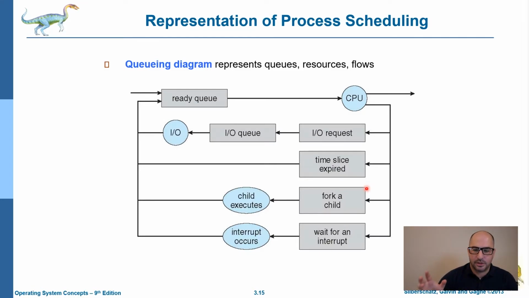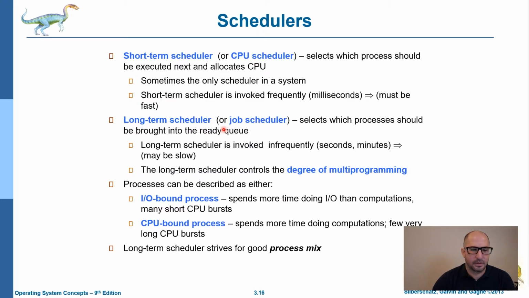If the process forks a child and waits for that child to execute, then that might cause us to be placed in a waiting state until we can go back to the ready queue, or waiting for an interrupt causes us to be waiting, and then the interrupt occurs and we go back to the ready queue.